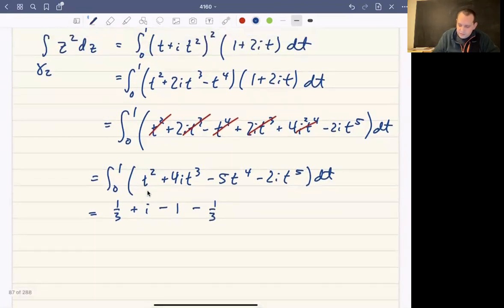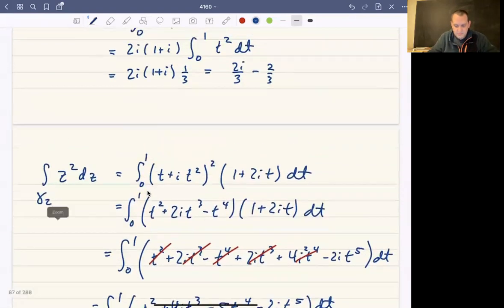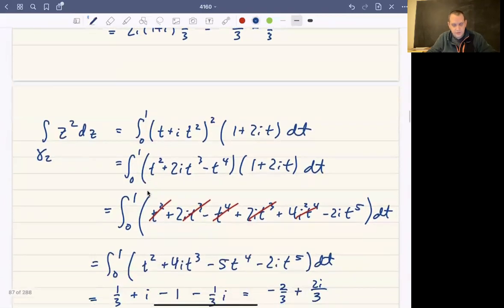And this happens to work out to be the same, I'm sorry, minus 1/3 i, I forgot the i on the last one. And so this happens to work out to be the same negative 2/3 plus 2i over, not plus or minus, that's wrong, plus 2i over 3. Okay, so we get negative 2/3 plus 2i over 3, which happens to be the same value that we got before. Okay, so that's worth noting.